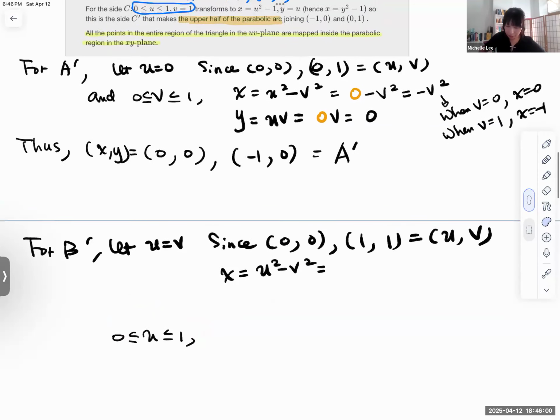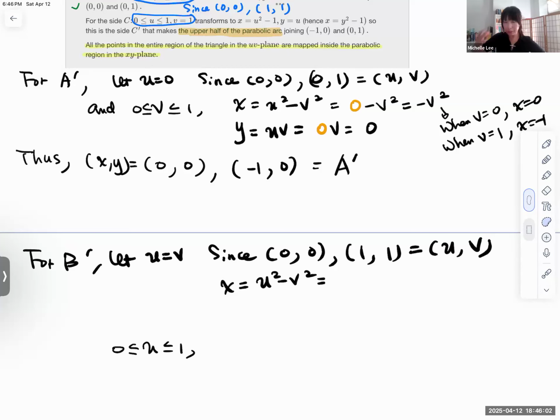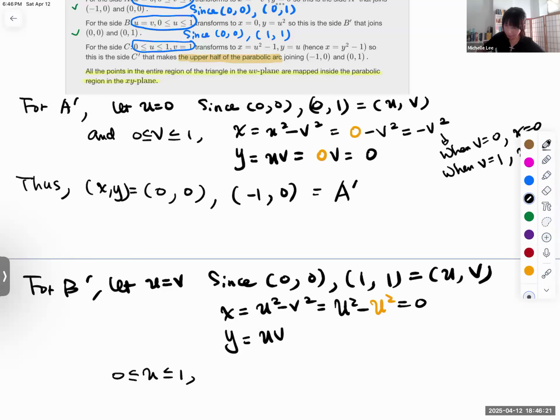Okay, so since we have u equal to v, let me use u. There is a u squared minus u squared. Then we can make it 0, right? And then y equal to uv. Then on the top we have u times u, because u equal to v, right? Then we can have u squared.